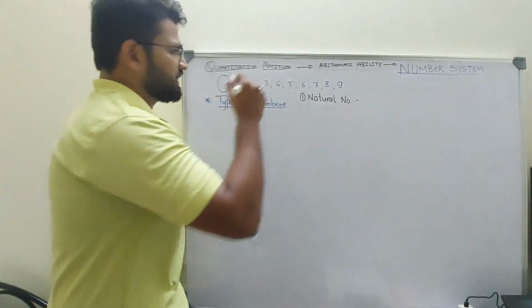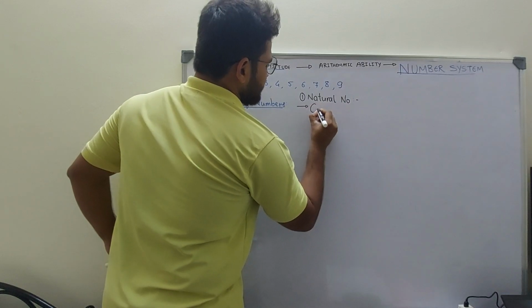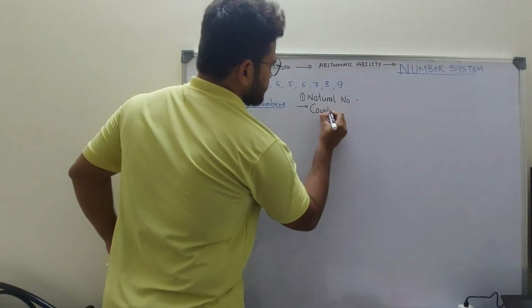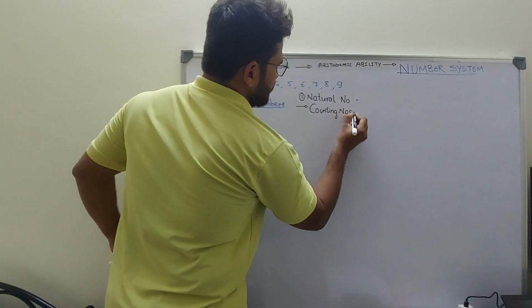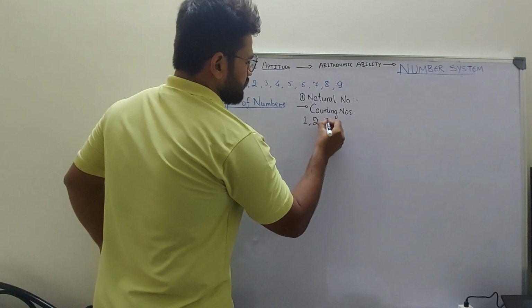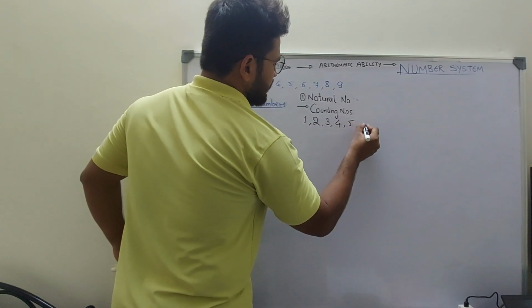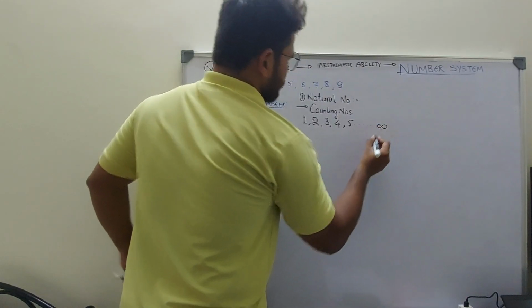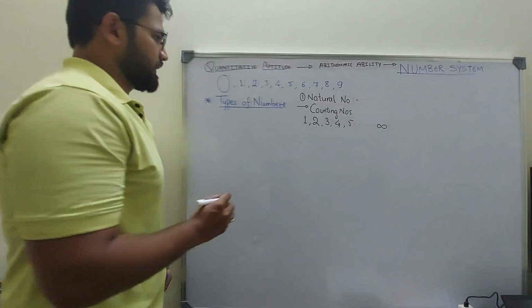So natural numbers are the counting numbers, which are 1, 2, 3, 4, 5, and so on. These are all counting numbers, nothing but natural numbers.